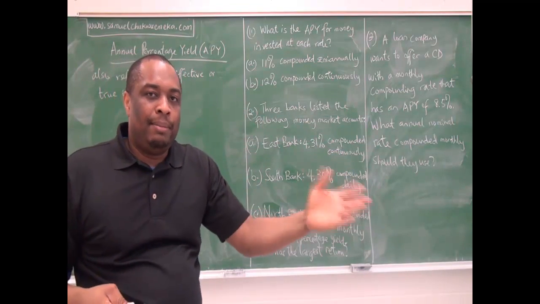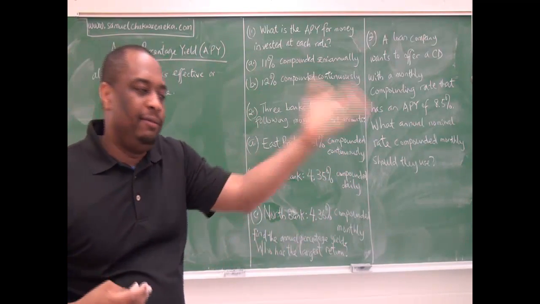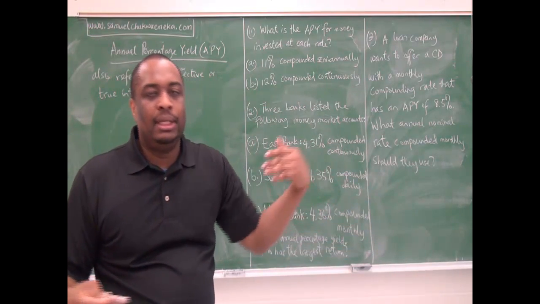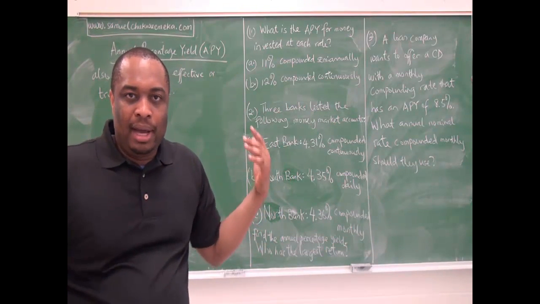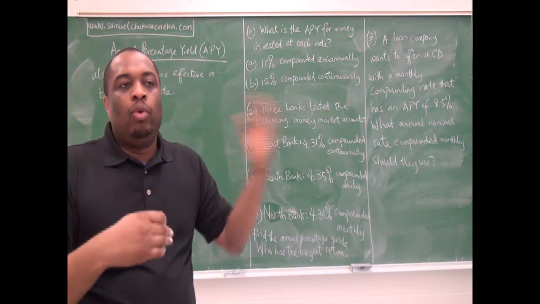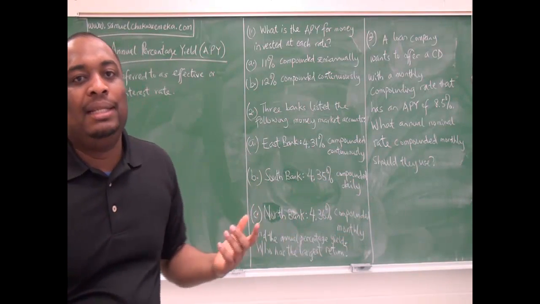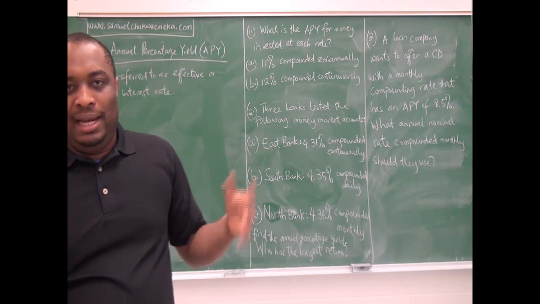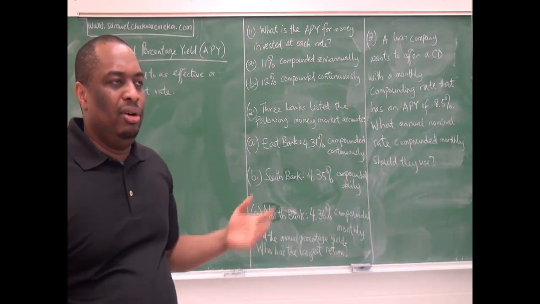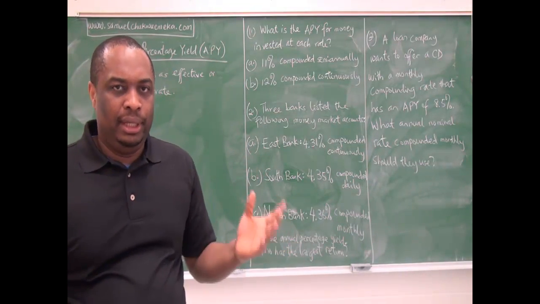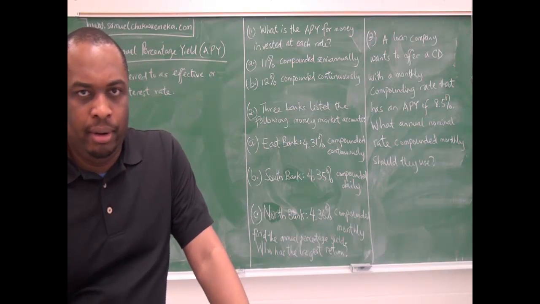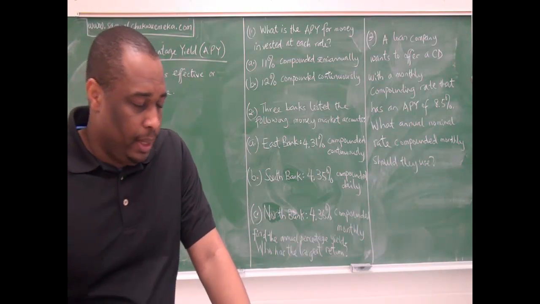If the amount at simple interest will be the same as the amount at compound interest after 1 year, then what rate at simple interest gave that amount? That is the annual percentage yield. And that is why it's called a true interest rate or an effective rate.